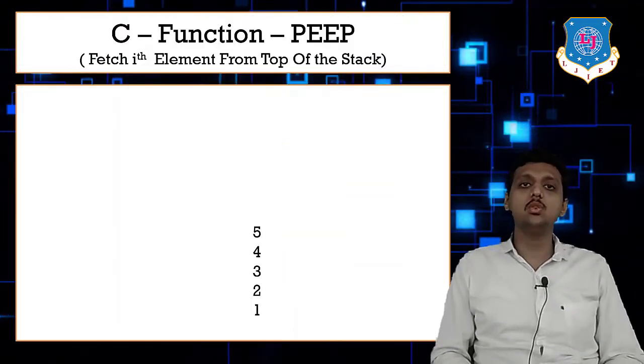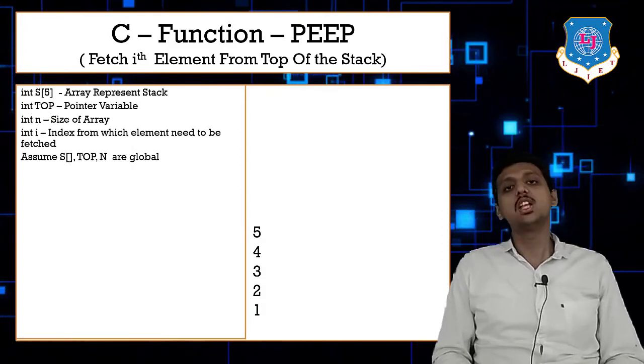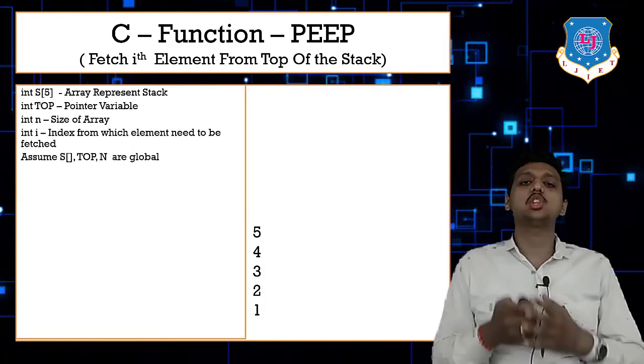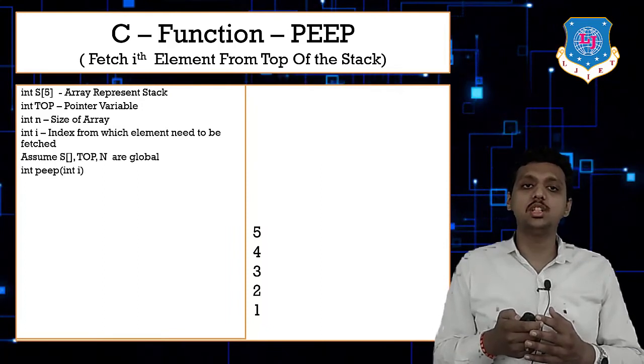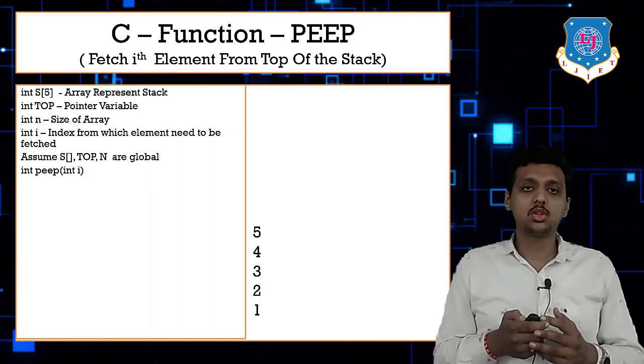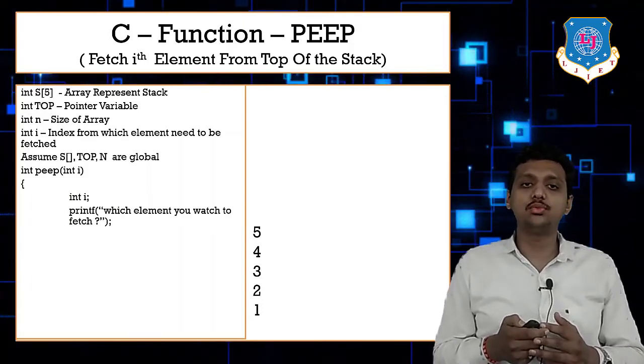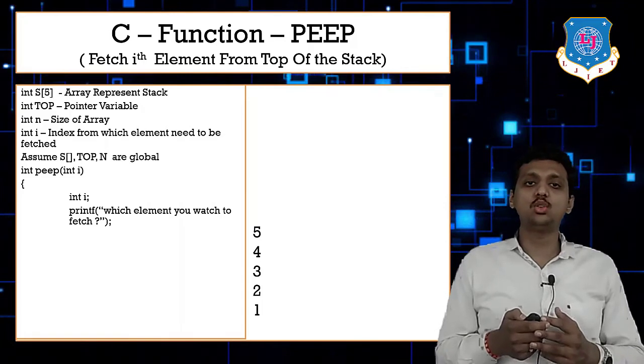Now next we have the function for peep. It is returning something, that's why the function must contain integer as a return type. So integer peep, integer I. Here I am passing the variable I. Which element do you want to fetch?